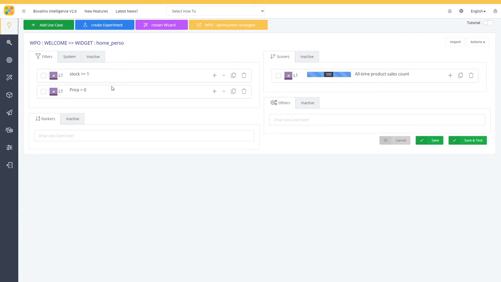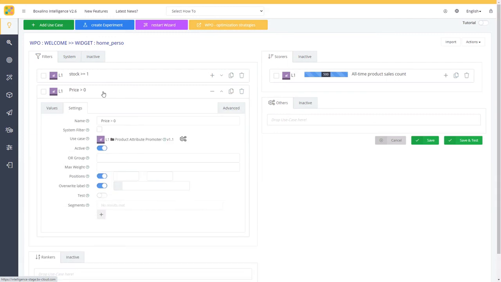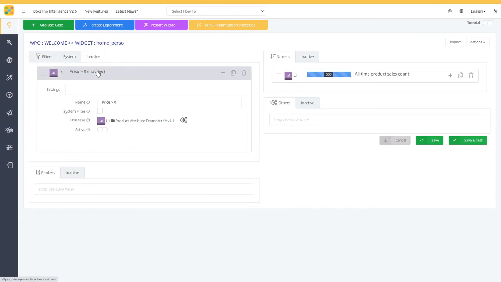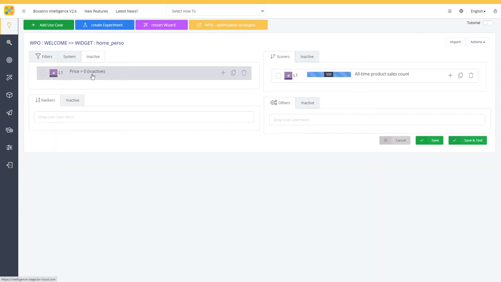Okay. Now, all of them, filters, rankers, and scorers, have this inactive tab. This is basically, let's say that you're defining a use case and you're not really happy with the way it works yet. You would like to continue working on other things, but you don't want to lose it completely. So you can change it to be inactive, then it would disappear, but actually you will find it here in the list of inactive use cases.